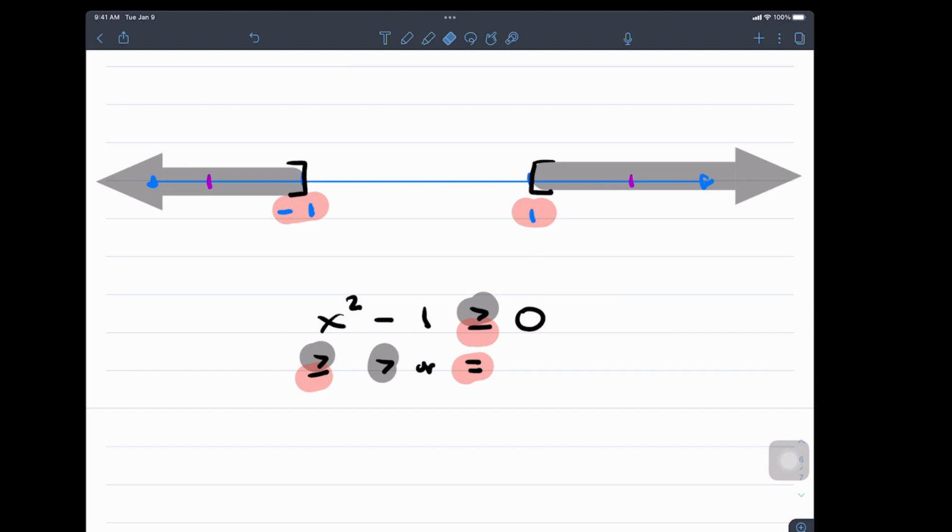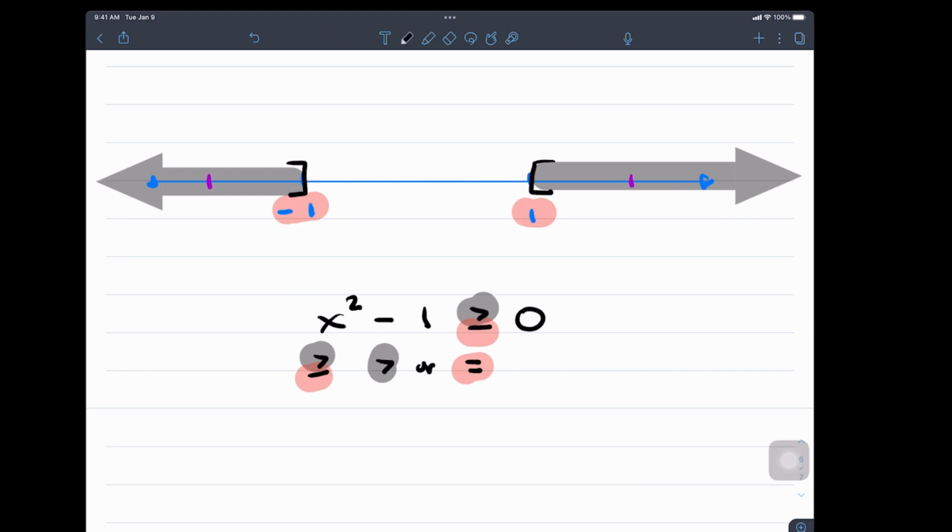There it is. Okay, you guys okay with this?